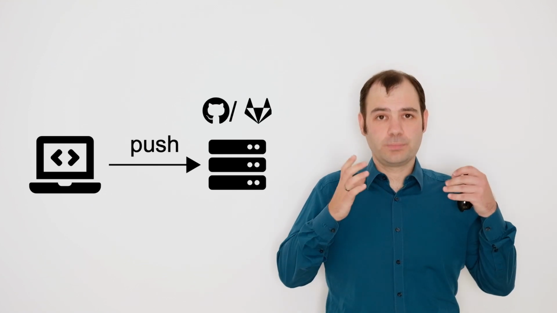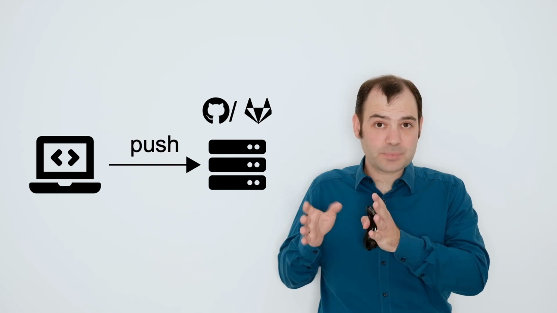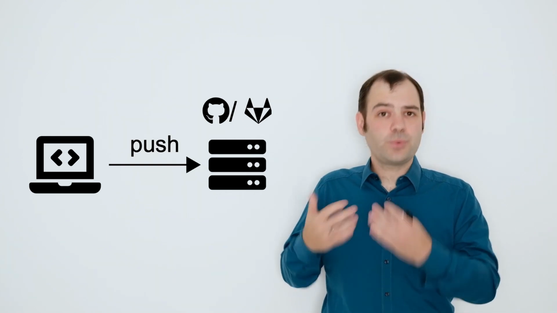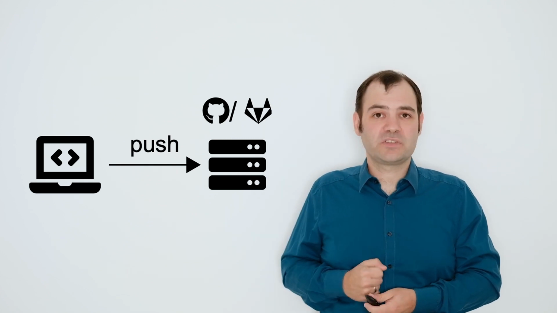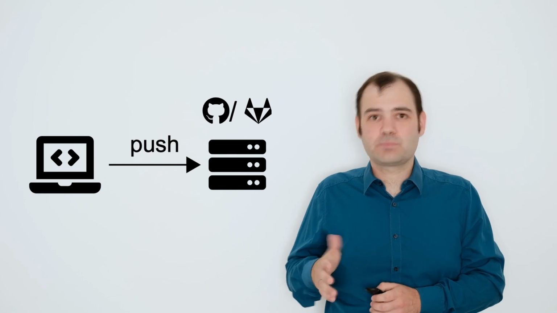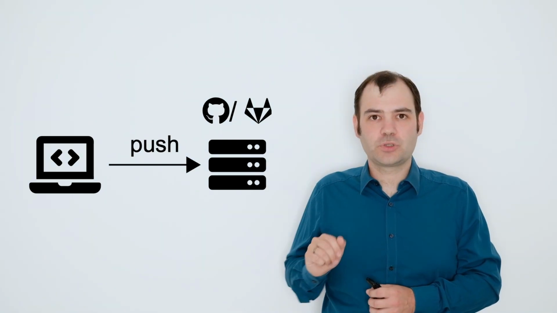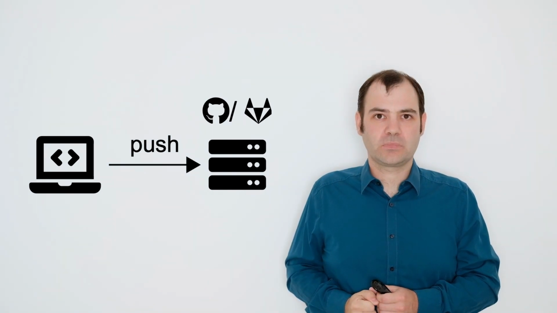So let me start with the general approach of testing. So every time you commit new code to the server, you developed your code on your laptop, you pushed it to the server, be it the GitHub server, GitLab server, and with GitLab, be it the gitlab.com server or a GitLab server at your own premise. And this server detects by presence of files, I'll come to that later, it detects that you want to do continuous integration.